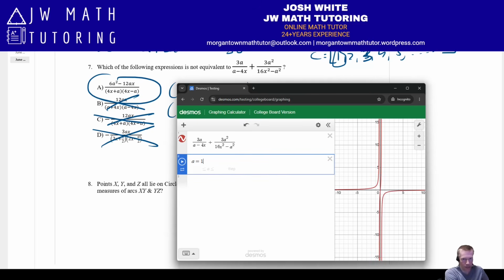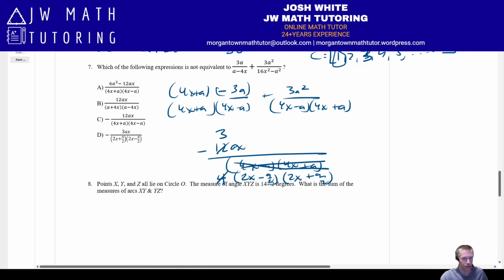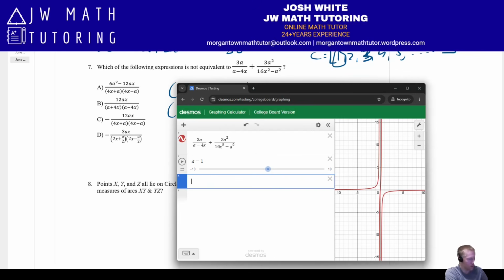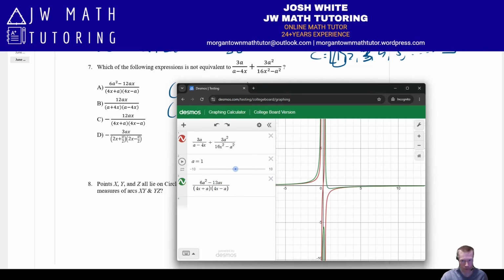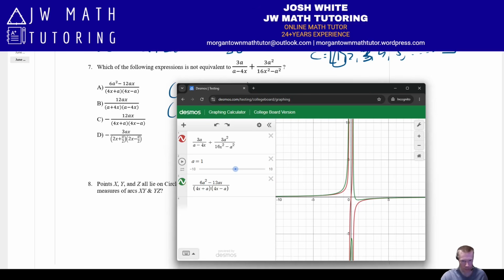Okay, let's try adding a slider for A. And let me just erase these real quick. 4x plus A, 4x minus A. Okay, here is answer choice A. Notice it is not overlapping the original graph. Some parts of it do, but it does not overlap it completely here. You know what I'm saying? There's some parts where they're not the same. So that confirms it's the answer.